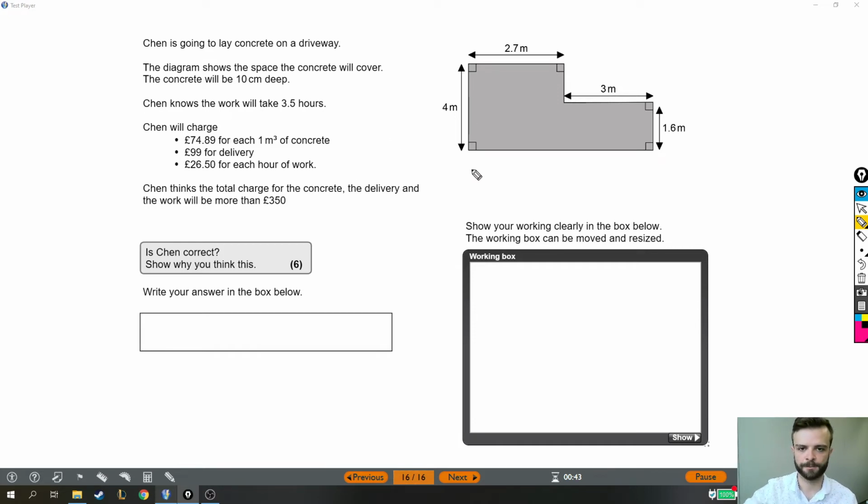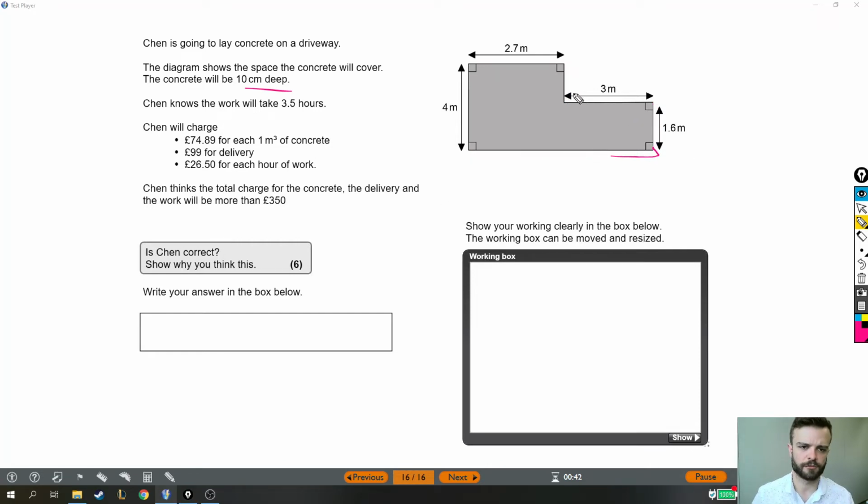So this is the driveway that he's going to be paving, but the concrete has a depth as well. It's going to be 10 centimeters deep, which means really it's a 3D shape that I suppose looks a little bit like this. It's got 10 centimeters of depth.